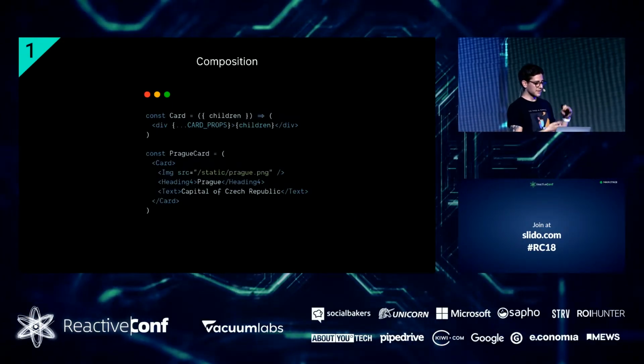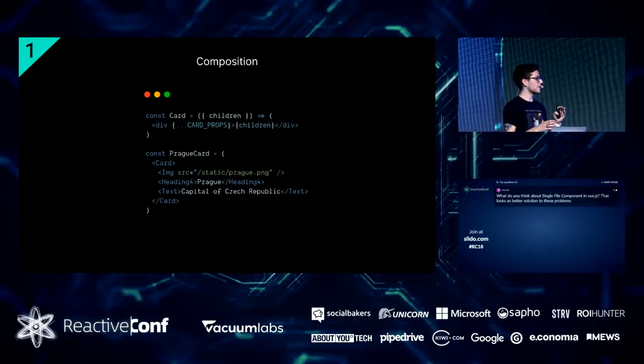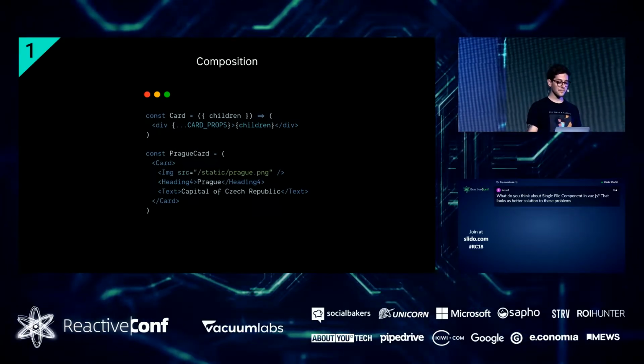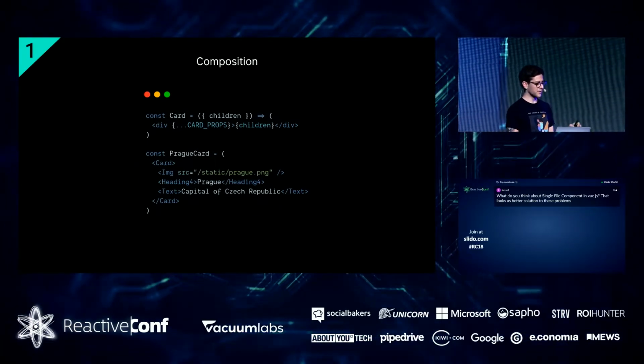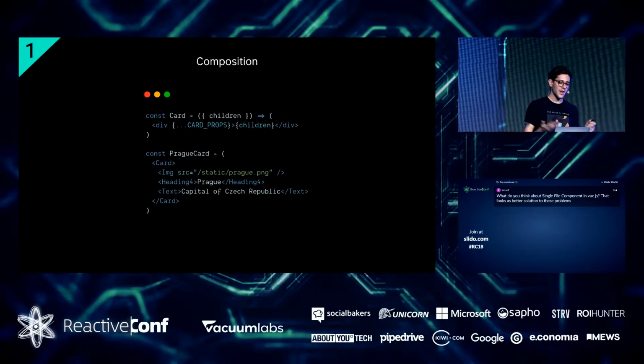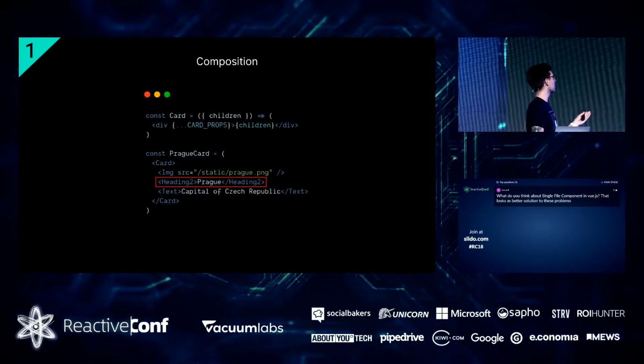But we compose those components together separately, so the card component only remains rendering this div with the special props and then just renders the children. And if we now want to use this heading 2 component instead of the heading 4, all we have to do is change a single line of code without touching the card at all, and we're done.